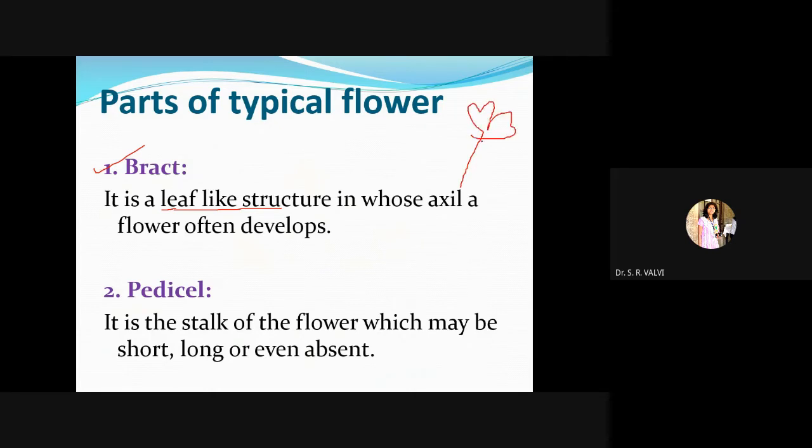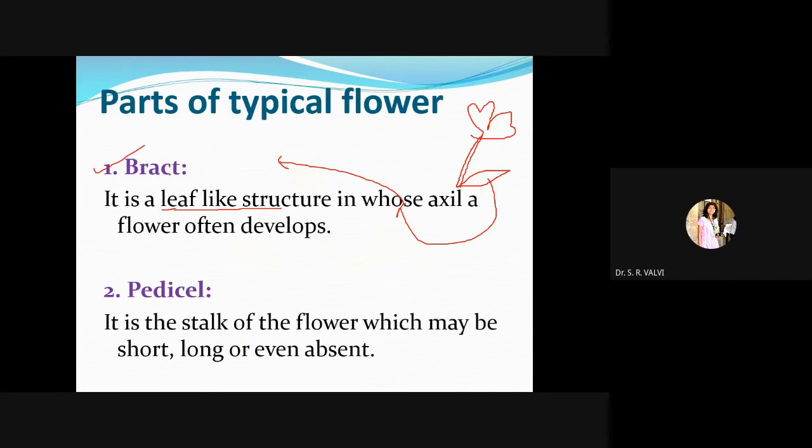This leaf-like structure we call the bract. It is present at the base of the pedicel, or we can say at the base of the flower.